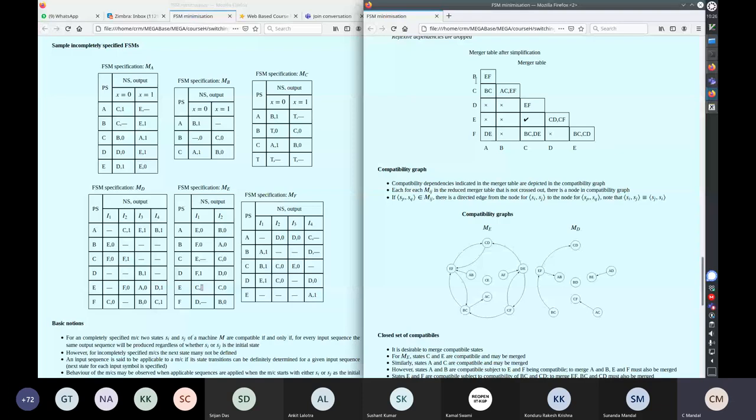We don't need to create a node where there is a cross. For example, there is no node for AD because those are not compatible anyway. For each table entry which is not marked with a cross, we can create a node.